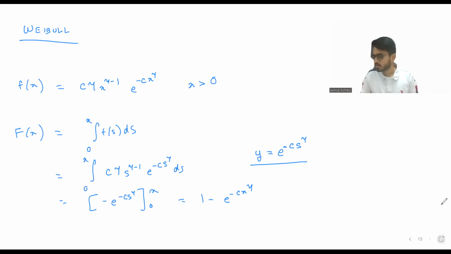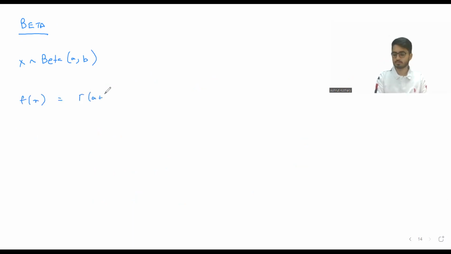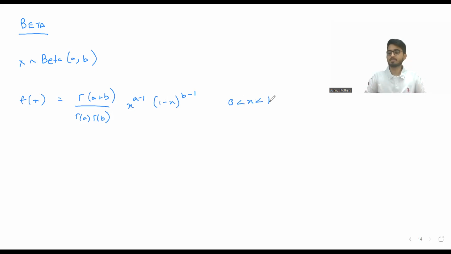Beta. Okay, so now let's take a look at the beta distribution. X follows beta, say a comma b. Now PDF is given as, and here you need to keep in mind that X can take only values between 0 to 1.